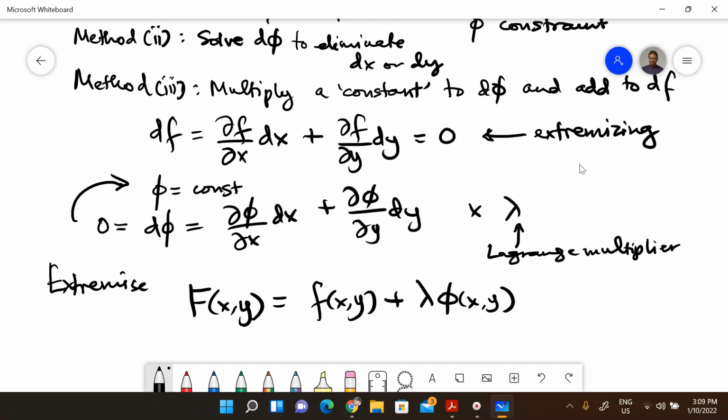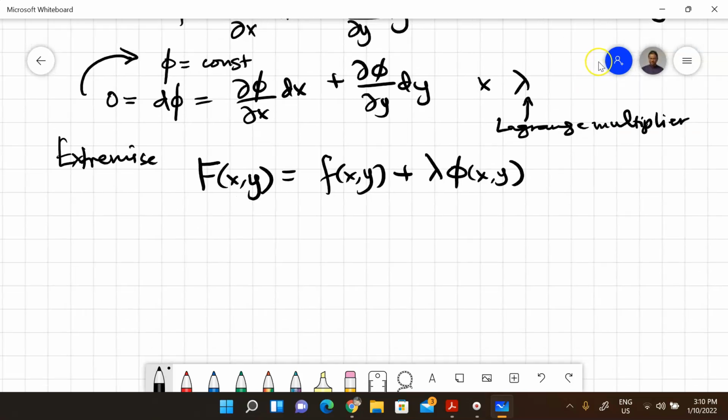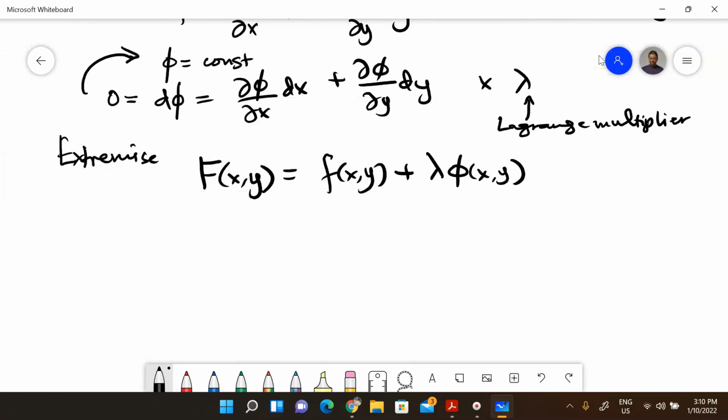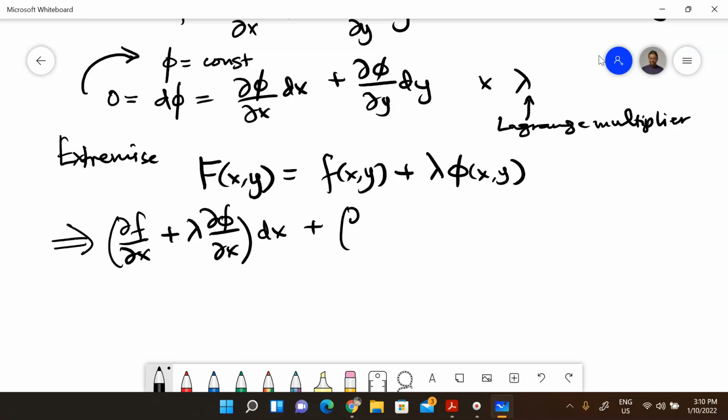So what one can have in this particular case, when you extremize that, is the following: partial f partial x plus lambda partial phi partial x, dx, plus partial f partial y plus lambda partial phi partial y, dy, and this has to equal 0.